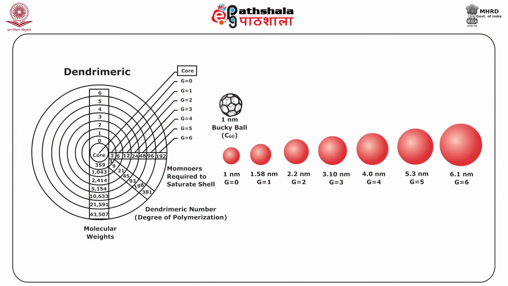Actually, the size of a dendrimer depends upon the number of steps used in building them, as dendrimers are constructed by stepwise connection of several parts. Now, you can see here the size of dendrimers and how they change depending on how many steps there are in the building process.